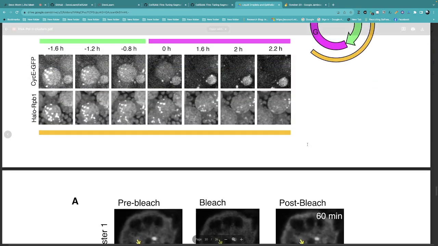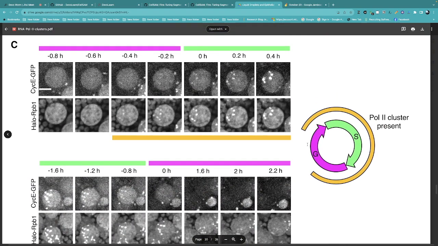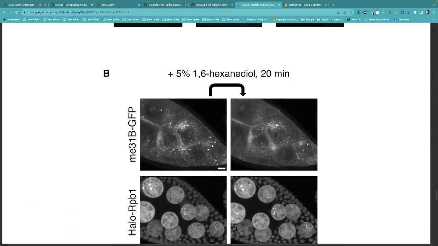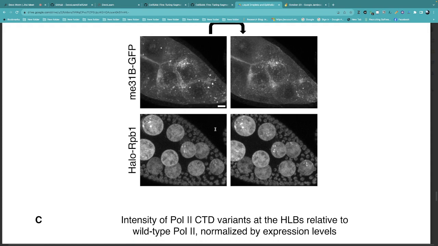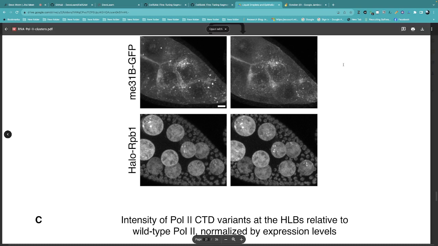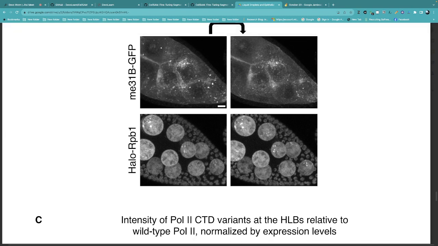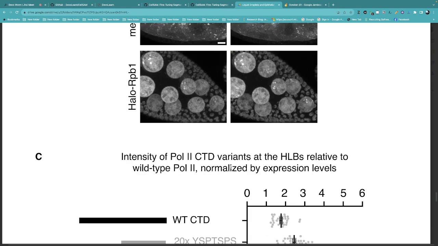And so this shows some of these clusters. This shows the intensity of these different variants in the histone locus bodies relative to wild type Pol-II, normalized by expression levels. So you see that you have the clusters, you have these different Pol-II variants within the histone locus body.